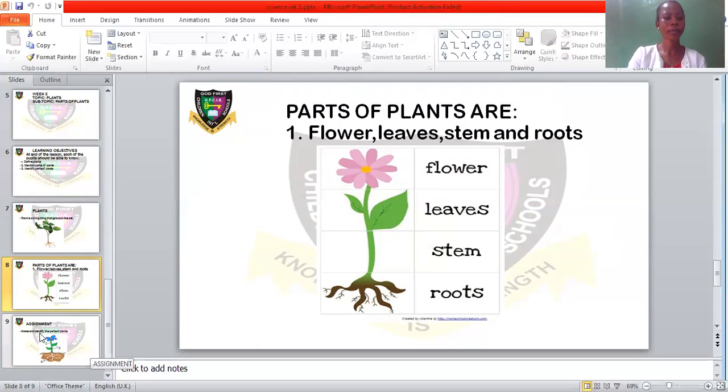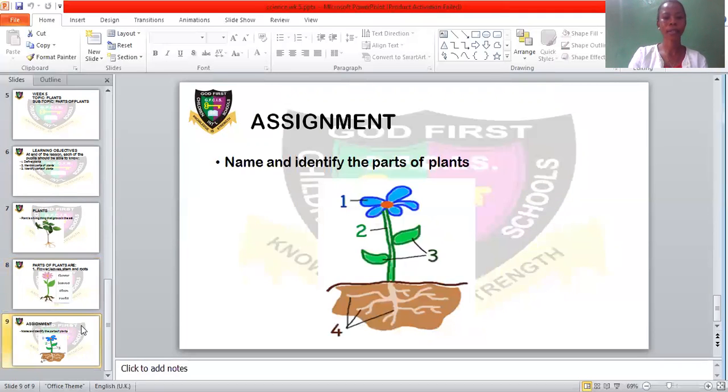Name and identify parts of plants for them. Let them know that you are all good children and you know what you are doing. Say, mommy, come and see leaf. Come and see flower. Come and see stem. Come and see roots.